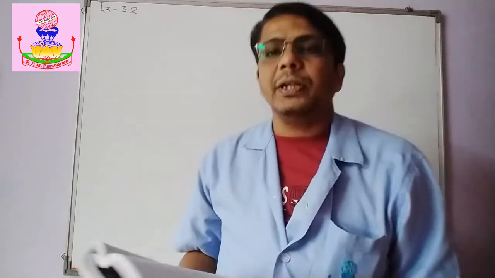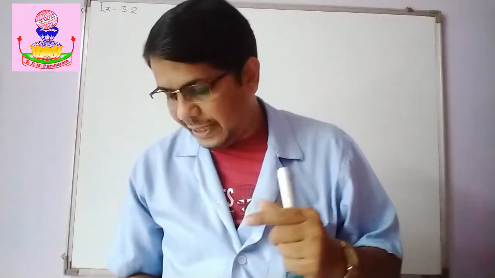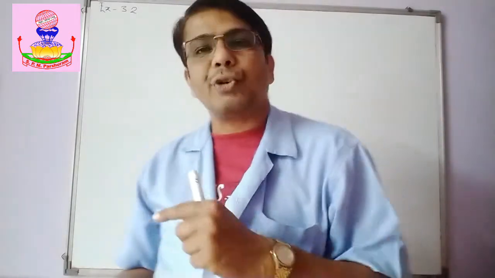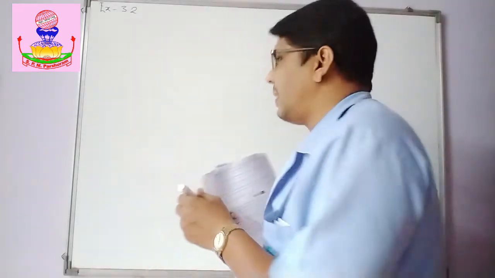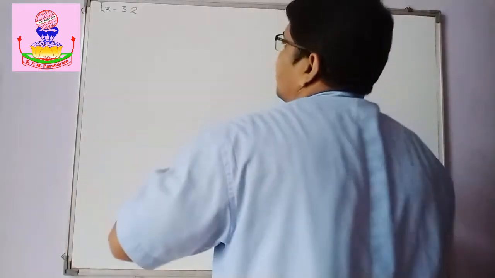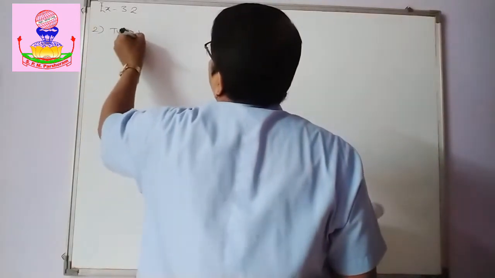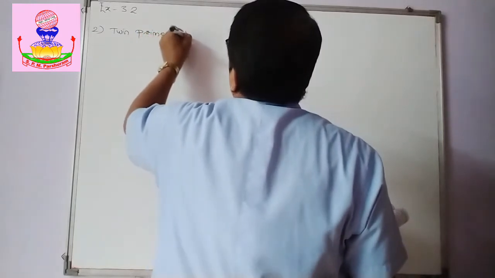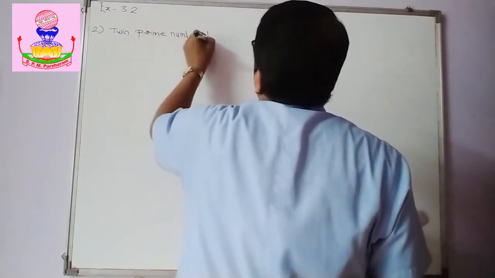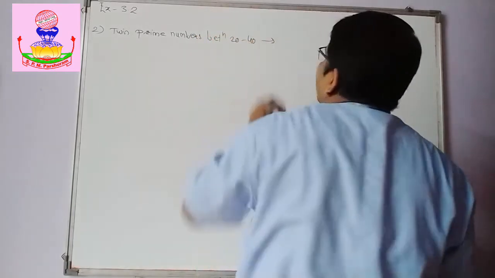Now second example. What is the difference between the sum of twin prime numbers between 20 to 40 and the sum of twin prime numbers between 70 to 90? So let us find out twin prime numbers. Twin prime numbers between 20 to 40.